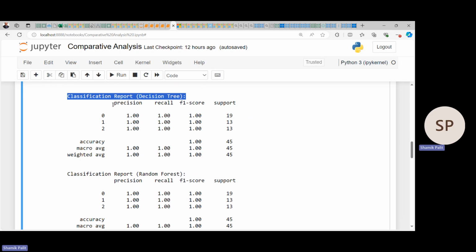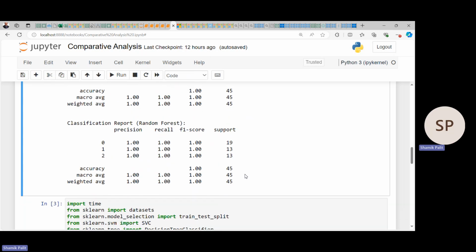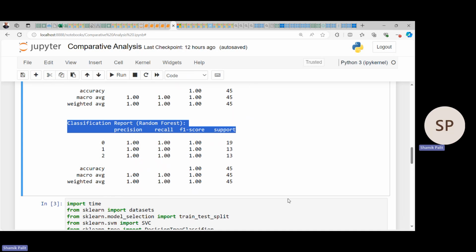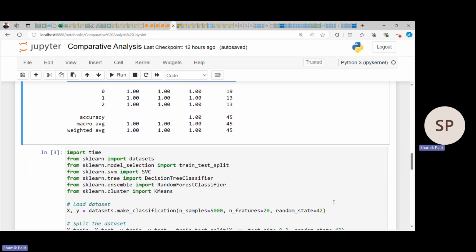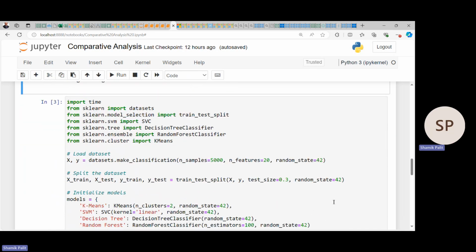Here also we have used the parameters precision, recall, F1 score, and similarly for the corresponding random forest, as you can see over here. So this is one small Python implementation, which also shows how we can do comparative analysis using Python. At the same point of time, we have also seen how these algorithms are practically working.